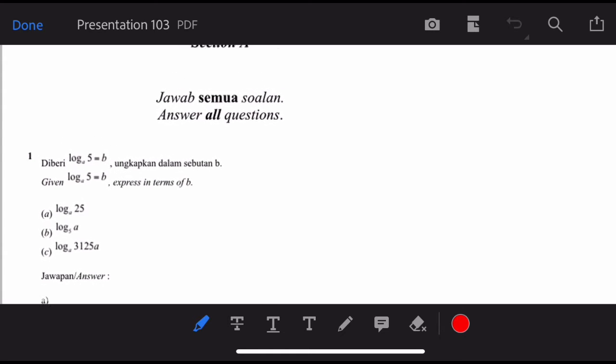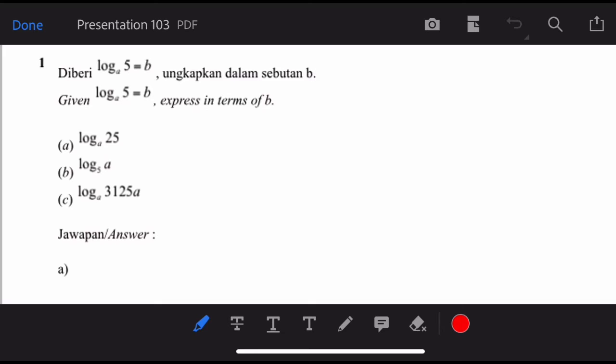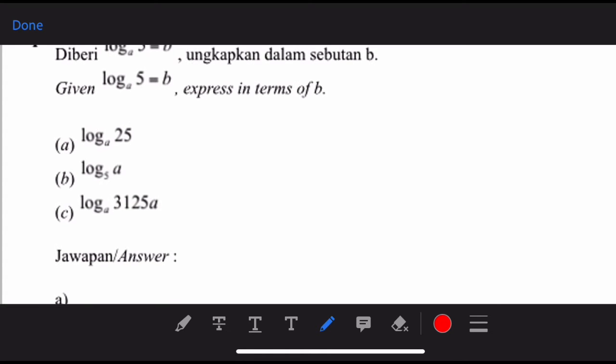So basically when you look at section A, you have to answer all the questions, and the questions are actually quite simple. You can get the answer by just a few steps. Example like this. You are given log base a of 5 equal to b. Express in terms of b for log a 25.